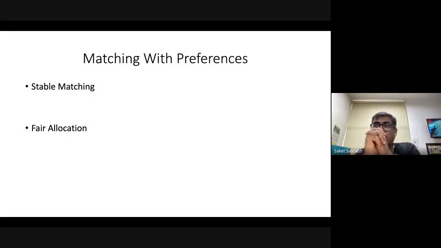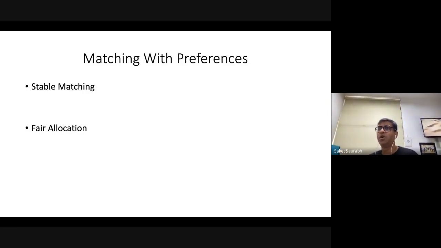And then what is fair allocation? You can think of matching as allocating colleges to students. But maybe there is a much wider notion of allocation. Imagine that you are working in a government and you want to allocate some money to poor people, or for education, development, and everything. There is just one pot of money and you want to allocate it for different activities. Or there are people who need different sets of things, and you want to allocate a little bit of everything to everybody.